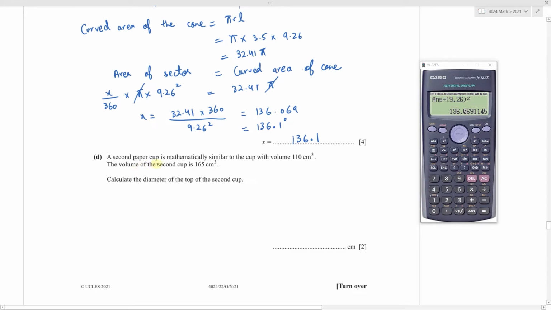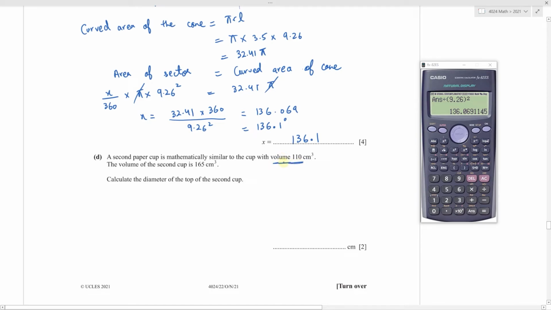A second paper cup is mathematically similar to the cup with the volume 110 centimeter cube. The volume of the second cup is 165. Calculate the diameter of the top of the second cup.